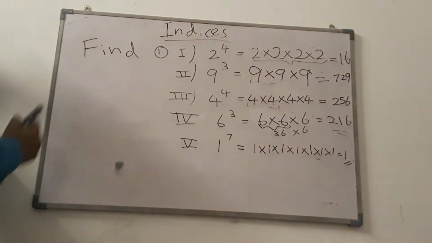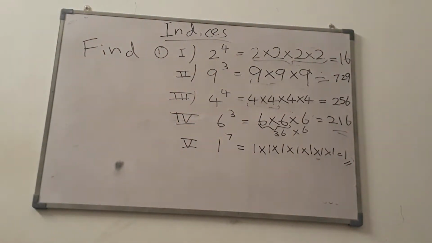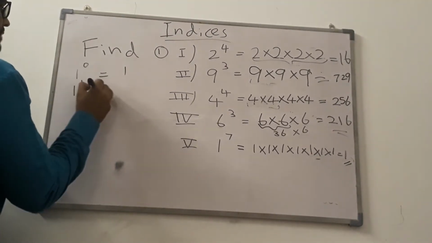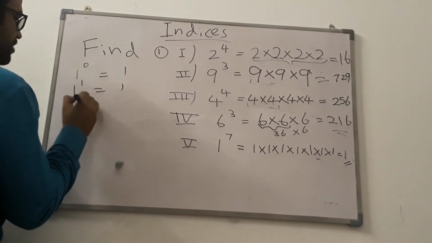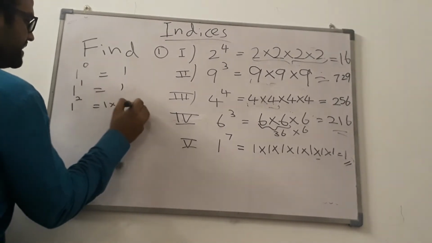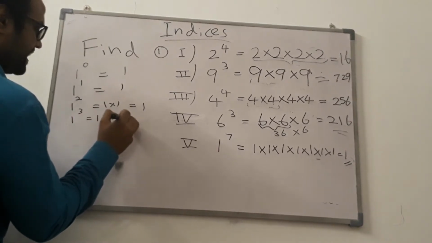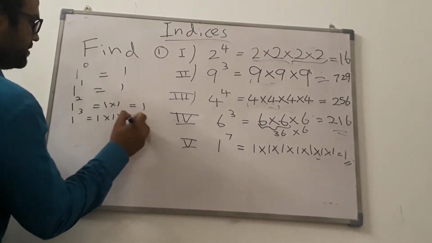There's an important case here as well. 1 to the power 0 is 1. 1 to the power 1 is also 1. 1 to the power 2 means 1 times 1, that is also 1. 1 to the power 3 means 1 by itself 3 times, 1 times 1 is 1, 1 times 1 is 1.